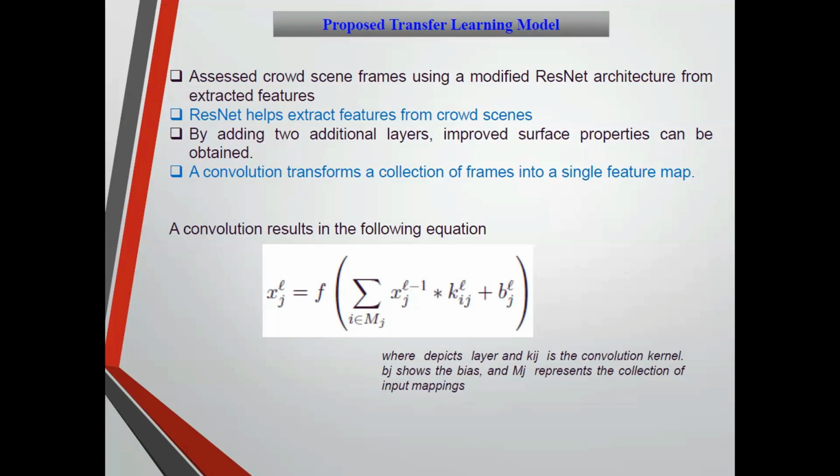And probably the Euler's number, that is 1 by 1 plus e to the power minus x. So in that case, convolution results in the following equation. Here we can initially measure the data with the help of the kernel concept.